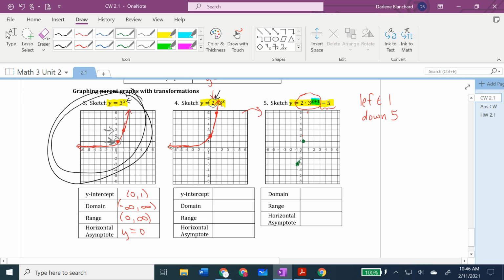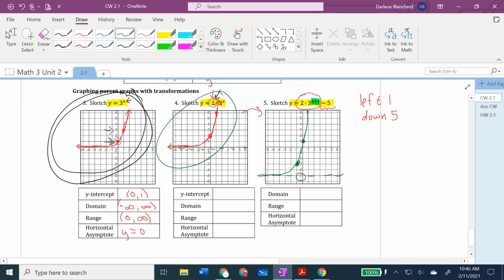Now the horizontal asymptote. Moving it left 1 is silly. You're moving a line that's horizontal to the left. It's still there. The down 5 tells you where that asymptote goes. That asymptote is down at -5. From there, draw this picture with that having been moved.